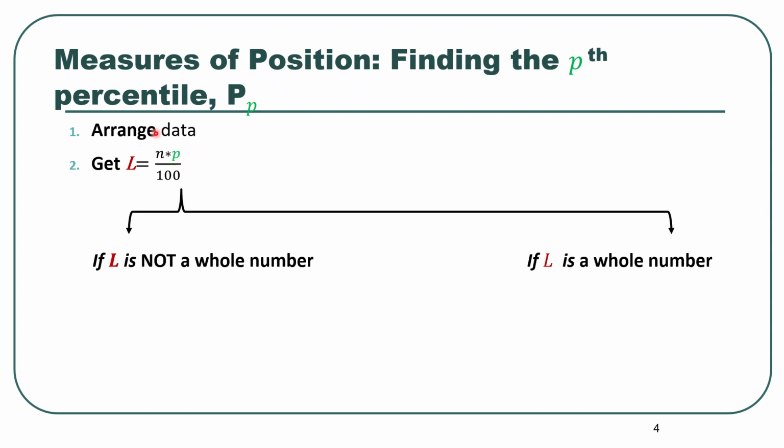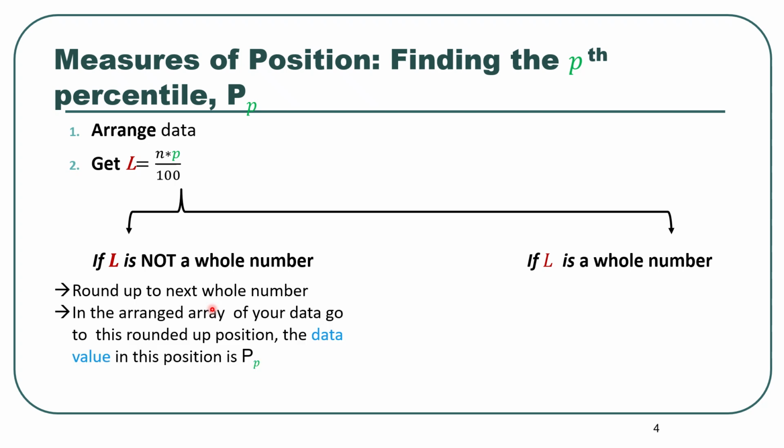And now that number is either a whole number or not a whole number. If L isn't a whole number, then you are going to round it up to the next whole number, and the pth percentile would be the value in that position L in the arranged data set you have at hand.